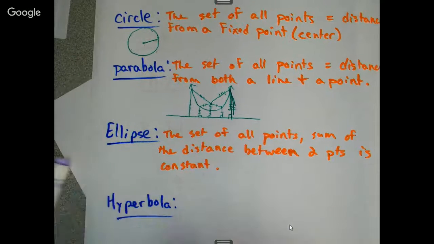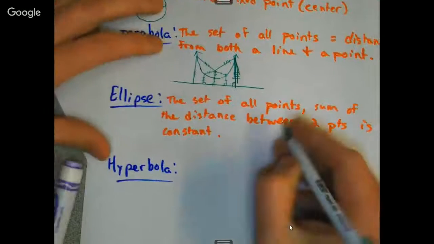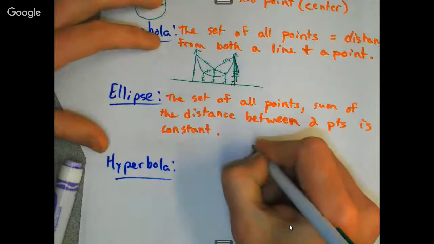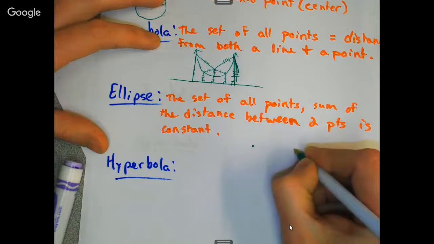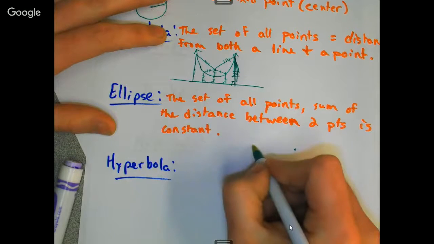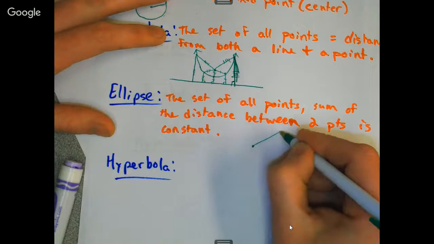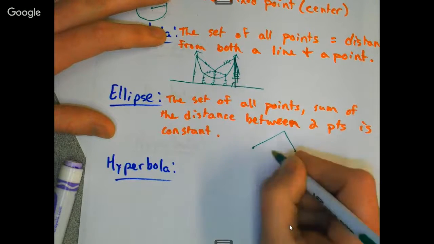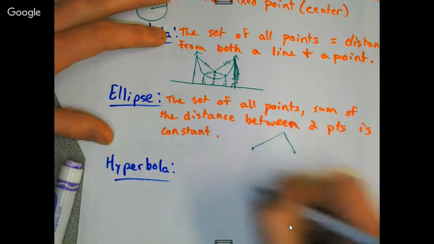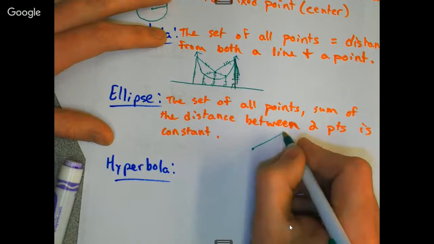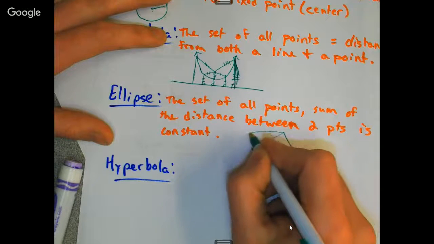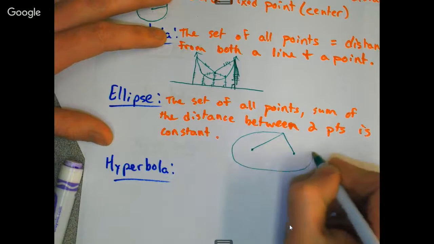Okay, so for an ellipse, we need to start with two points. Imagine I were to tie a string between these two points, and let's just say it's like that. I'm going to stretch that string out and swing it around. Then I will get something that might look something like that.